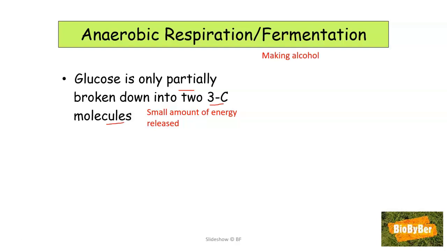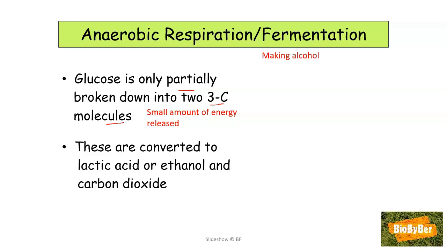These 2 3 carbon molecules are then, depending on the cell where respiration is taking place, converted to lactic acid if the anaerobic respiration is taking place in a muscle cell, or alcohol and carbon dioxide. Ethanol is the science word for alcohol.